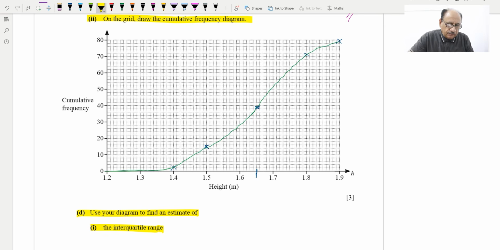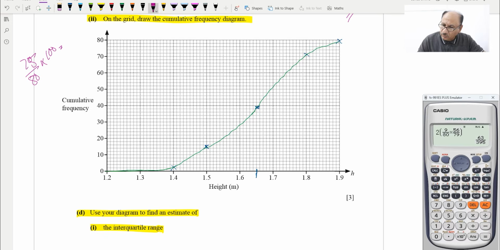For example, the upper quartile will be at the 75th percentile. So we can calculate 75 over 80 into 100, which will be the 75th percentile.